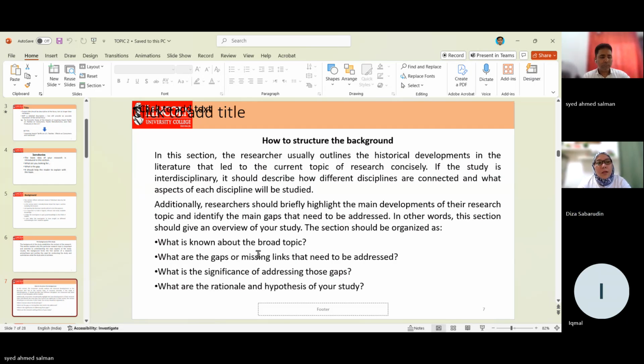Yes, sir. For developing a strong research title, it is important to step into the research process. A well-crafted title gives the reader a clear idea what the study is about and attracts attention to the work.